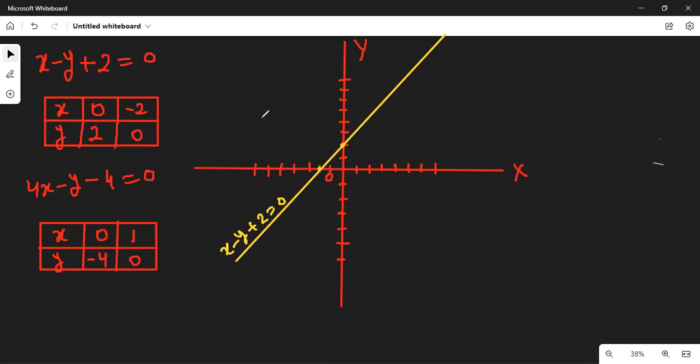This is the first equation, and let's draw the other one where we have 0, minus 4. X is 0, y is minus 4. 1, 2, 3, 4. This is the point here. 1, 0 is somewhere here. So when we join these two, it should go somewhat like this, no? Yeah, a little bit.